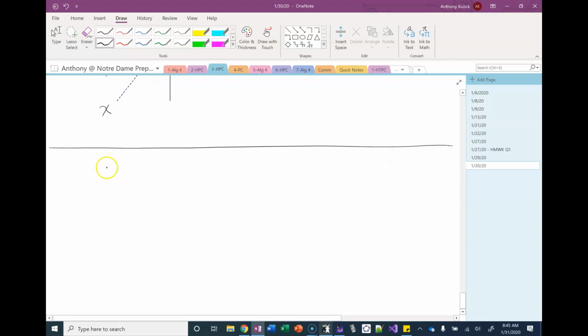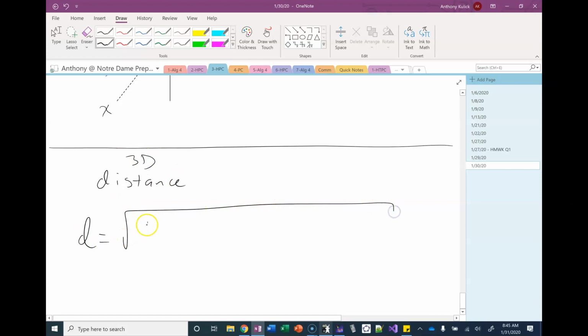All right. So we have a distance formula for 3D. Remember the 2D distance formula? It looks like this, right? To turn it into the 3D distance formula, we just add a z part to it.